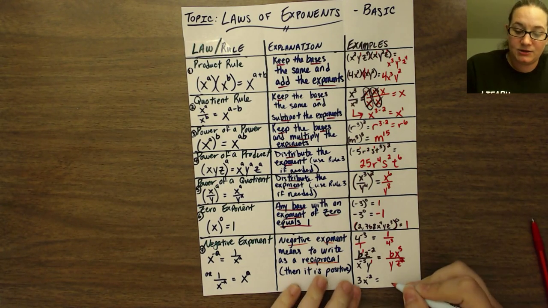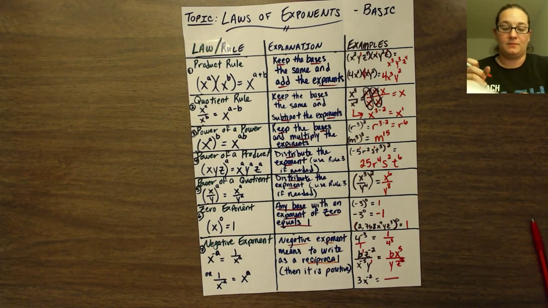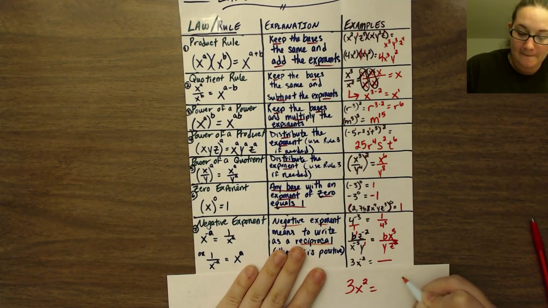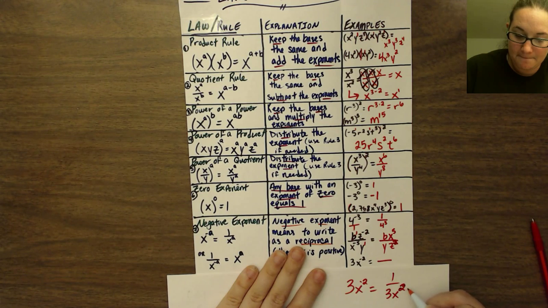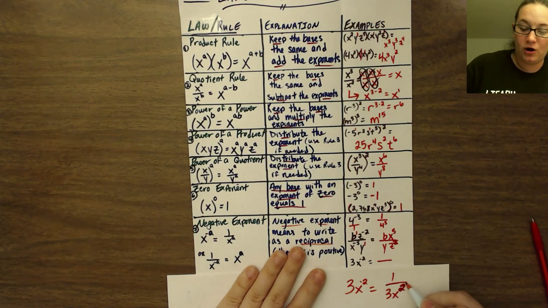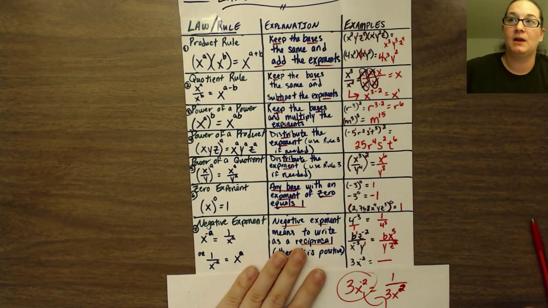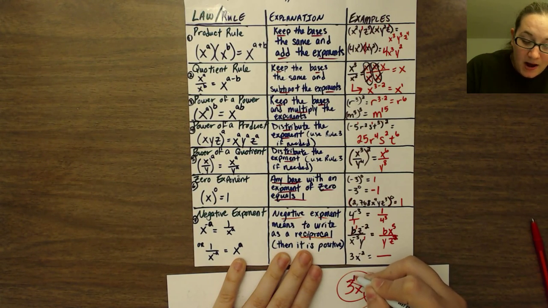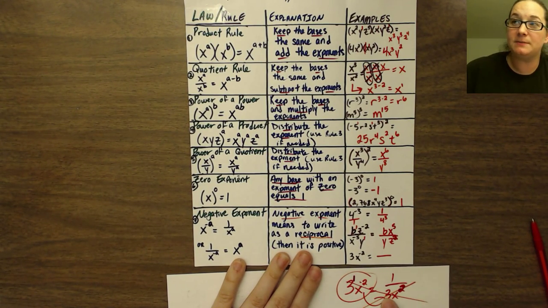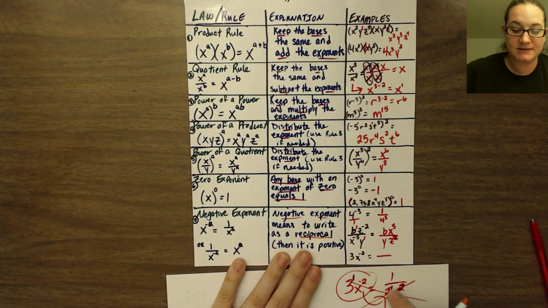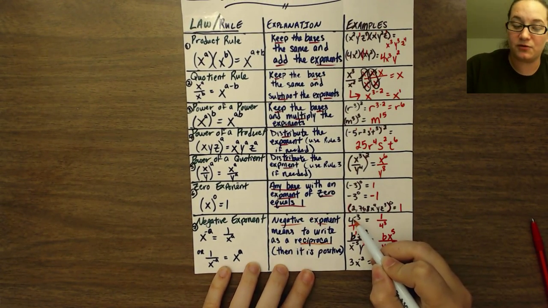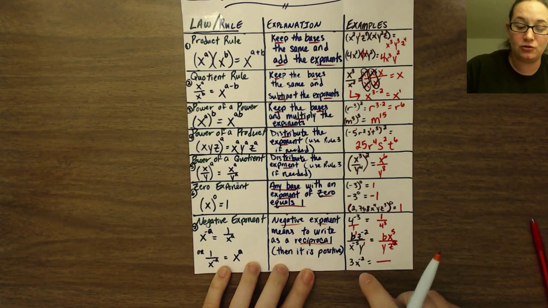A lot of students like to move all of this to the bottom. Well, the problem with moving all of that to the bottom is the 3 has a positive 1 exponent. If it moved to the bottom, it would then have a negative 1 exponent because it's in the wrong spot. So be very careful with your constants. Make sure that if you're going to move something, even a constant, that you're moving a negative exponent.